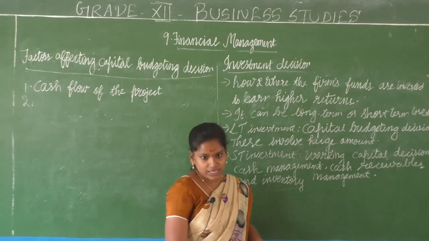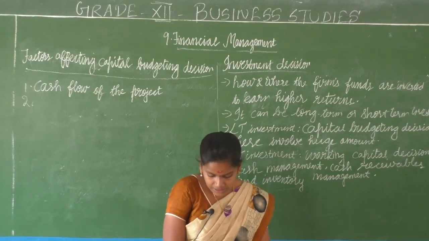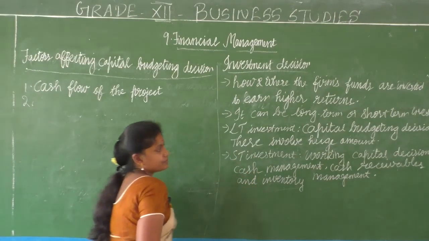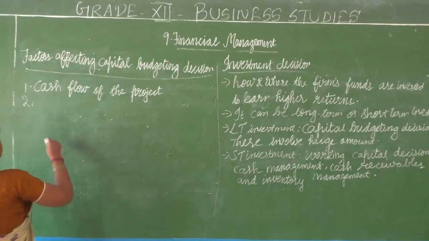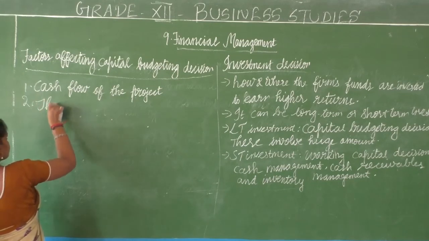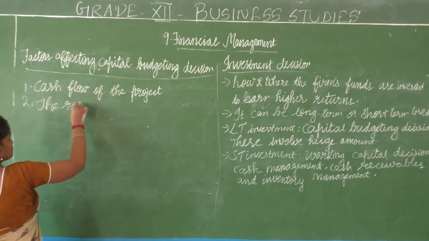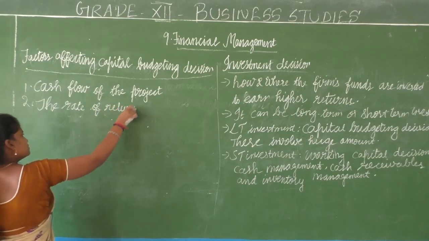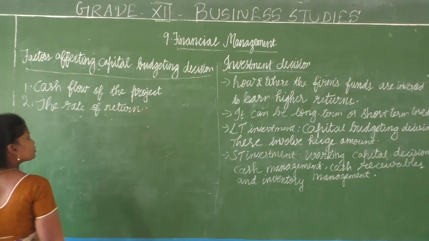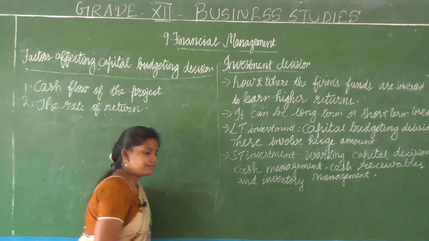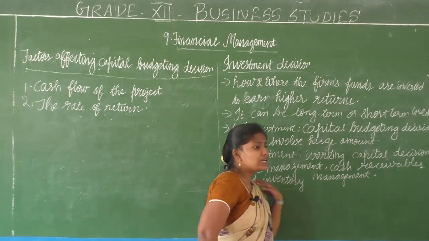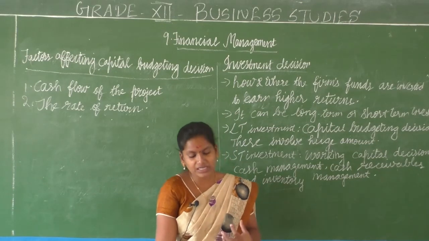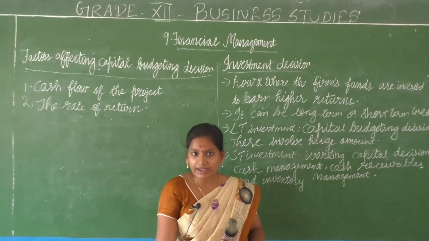The second thing is the rate of return. Now, when we open a savings account, what would be the rate of return, what percentage do I get from it, that I will think about.